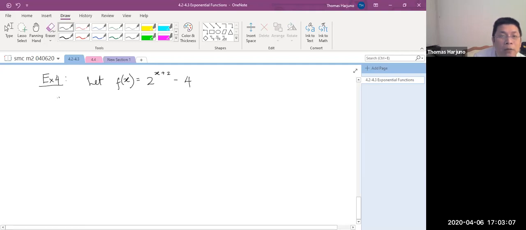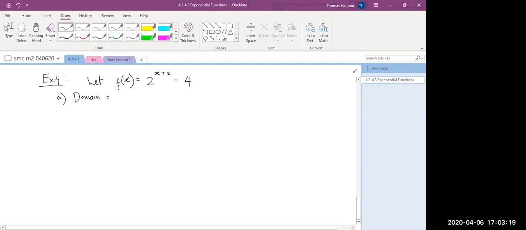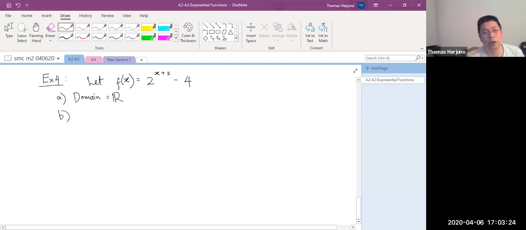Now then, the first question, easiest one, what is the domain? All real numbers. Now, as for the range, notice that originally the range is 0 to infinity, right?